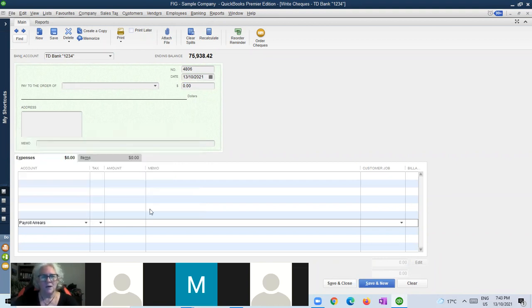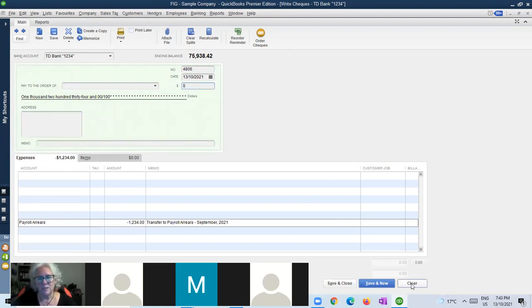If it was 1234 owing, and it all added up to 1234, I'd go in negative 1234 and say transfer to payroll arrears. Maybe it's September's remittance. And then to make this close properly, I send that to 0.